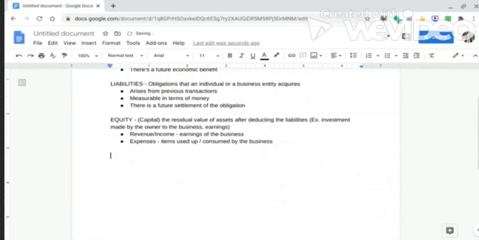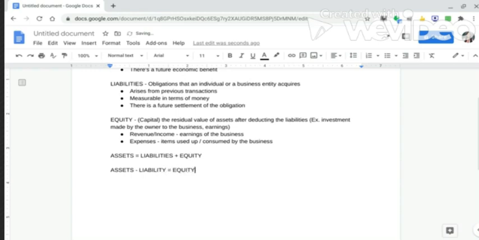So let's go to the fundamental accounting equation, which we all know as assets is equal to liabilities plus equity. So in math, pwede mo siyang i-regroup siguro. So we can also state this as assets minus liability is equal to equity.